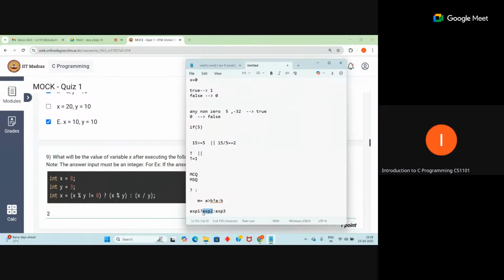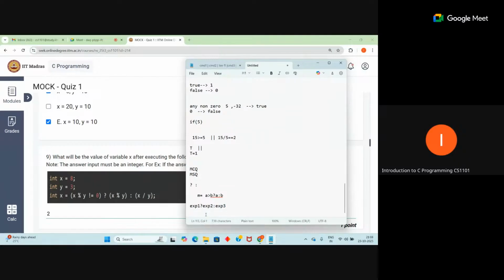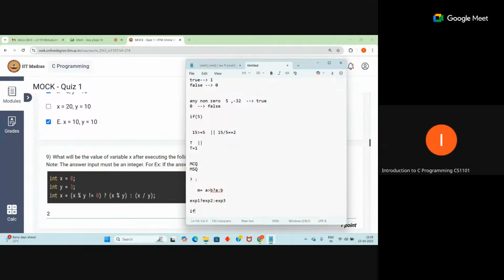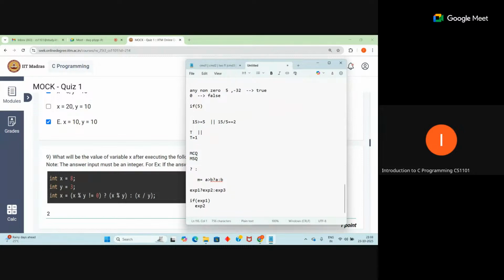If expression 1 is false, expression 3 is your answer. So it is like a simple if else. You can write it like this: if exp1, answer is exp2, else answer is exp3.